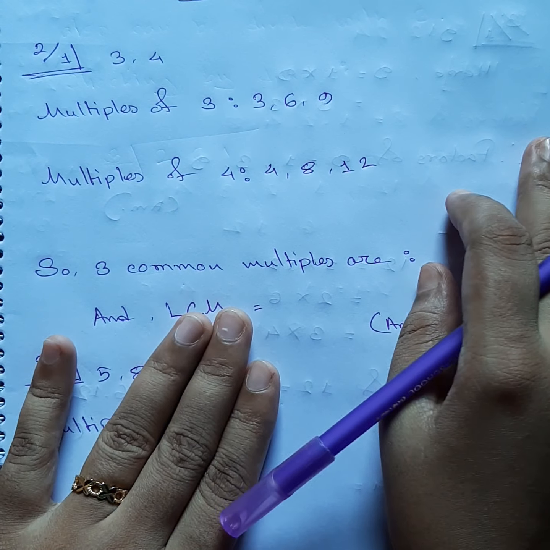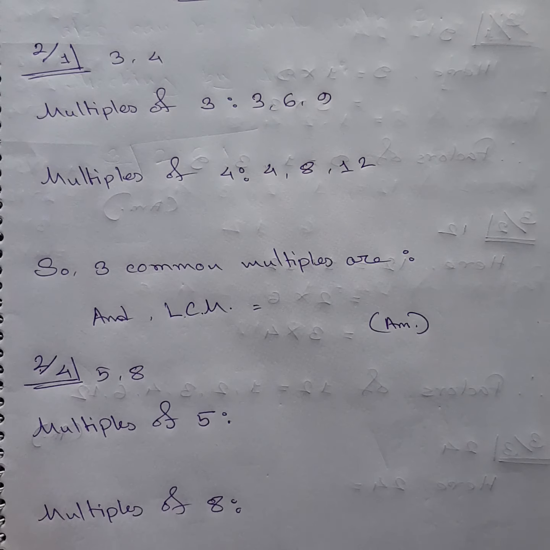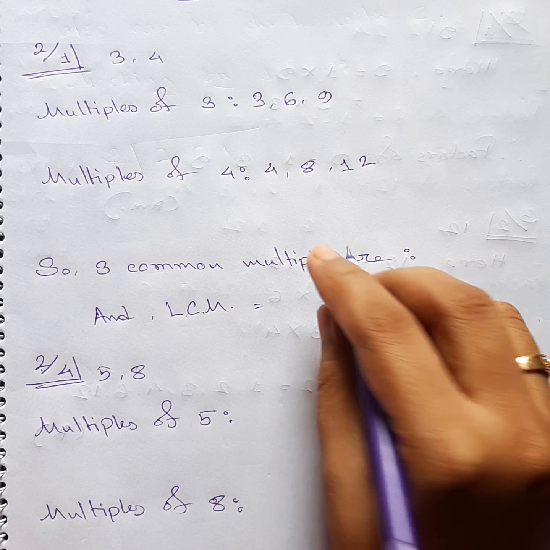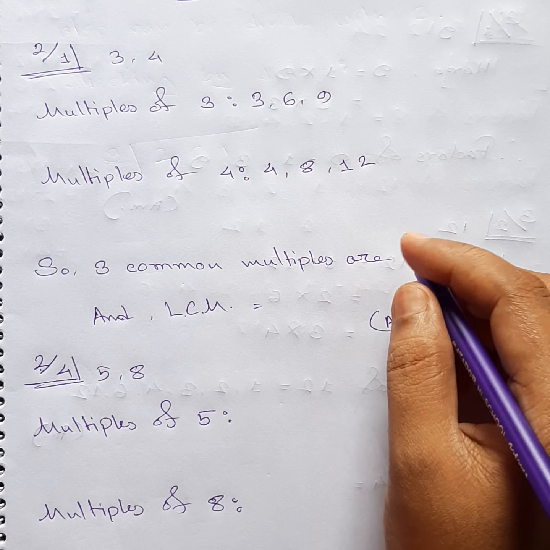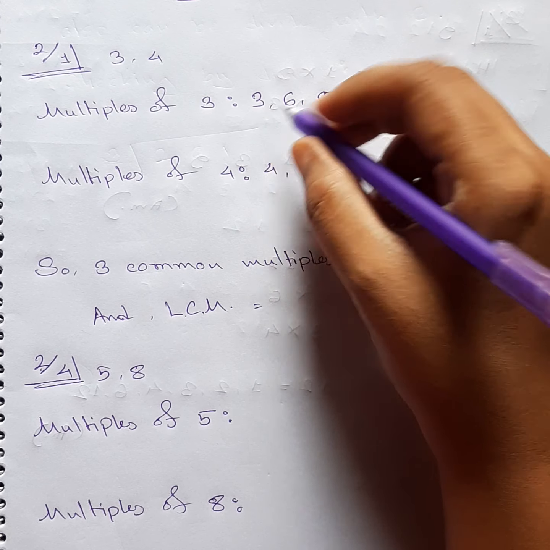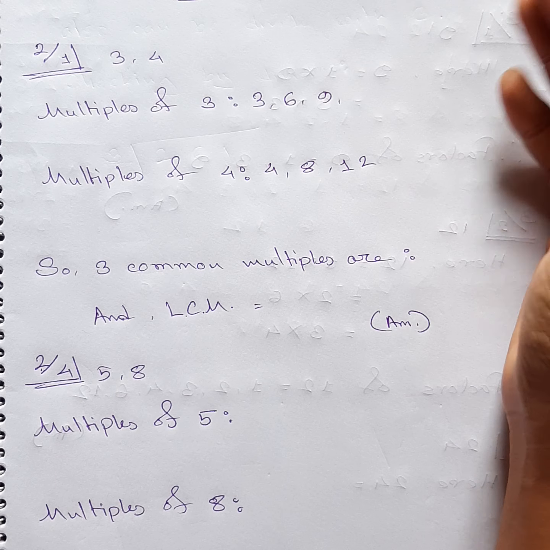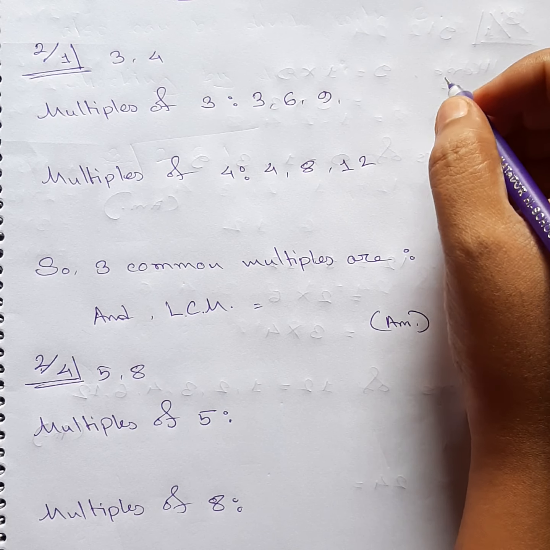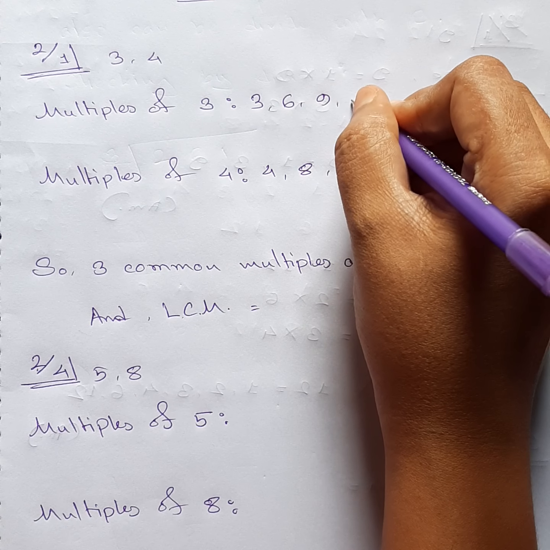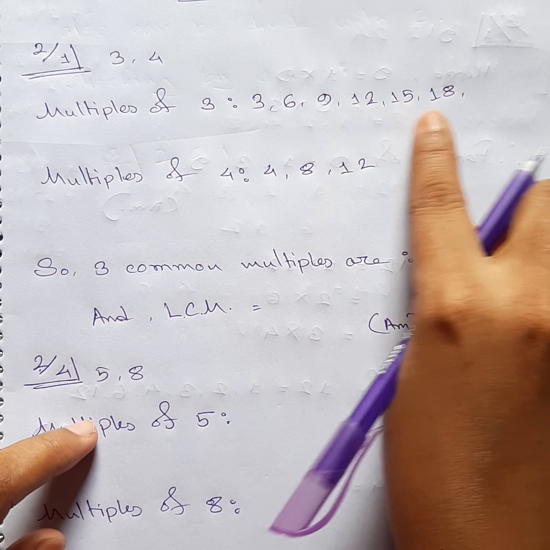No common multiples over here, and we need to increase the light. Yes, now it's working. Okay, here you can see I have written down 3 and 3, and we don't have any common one. So we are going to write down 3 more for the number 3. So I write down 3 more.